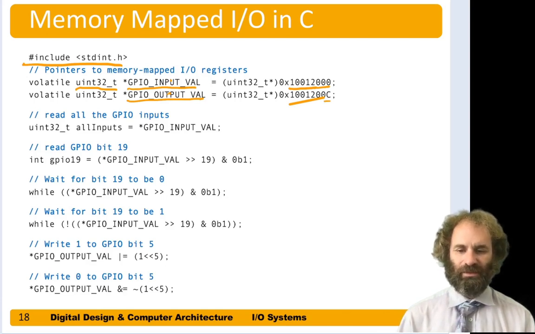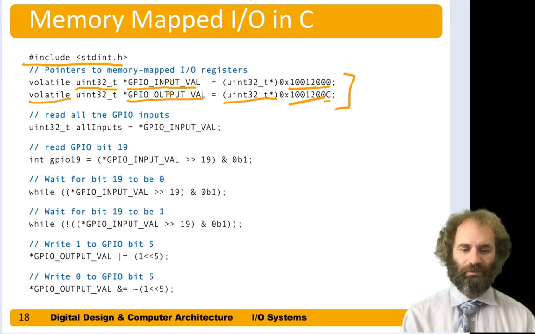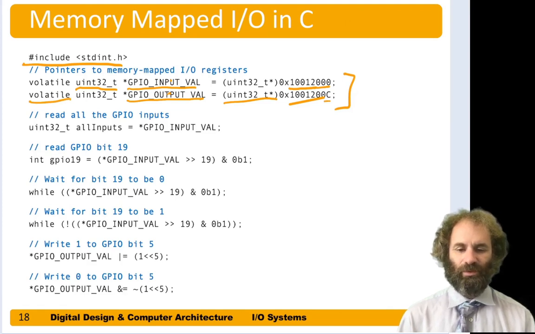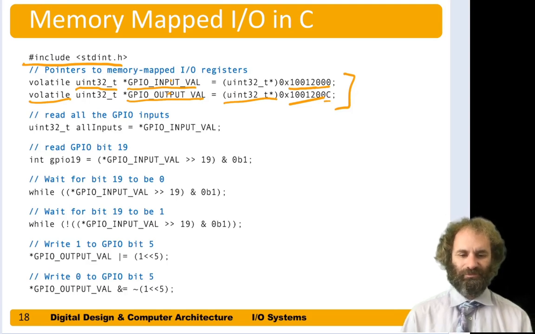So let's declare pointers to these addresses so we can read and write what's at the address. They are a pointer to an unsigned int 32, and we'll declare them as volatile, which tells C that the value might be changing outside of the program's control, and that anytime we want to look at that value, we actually need to go out to the memory map and fetch what's from there, rather than assuming that it was the same as the last time we fetched it.